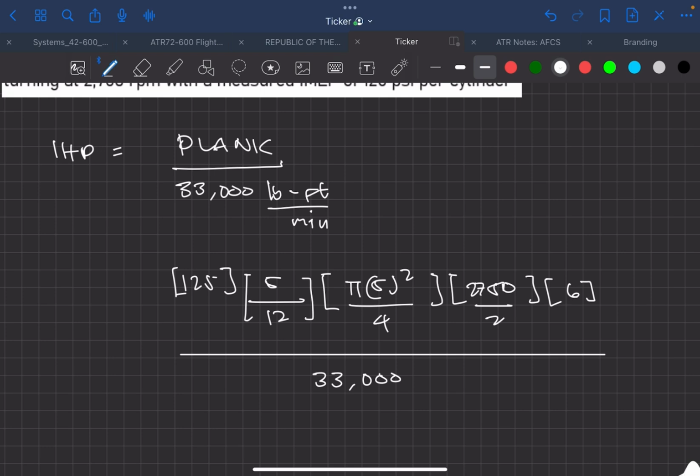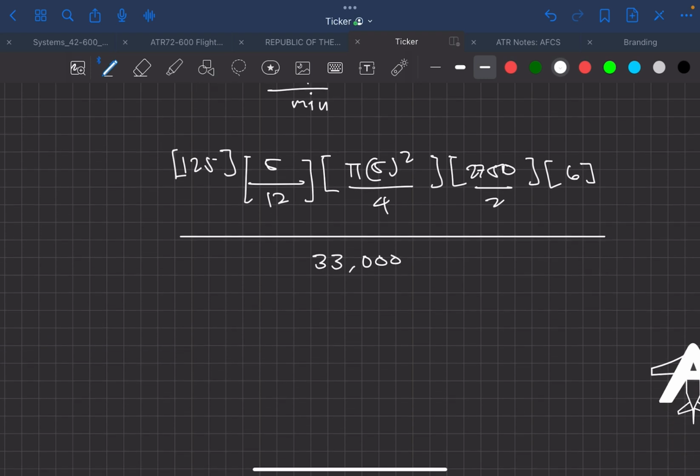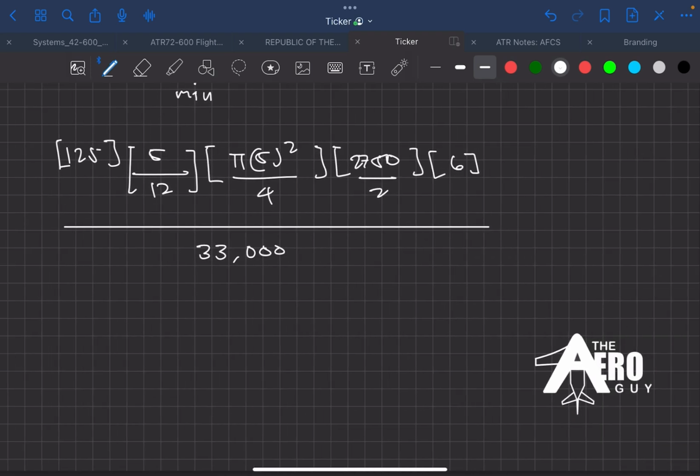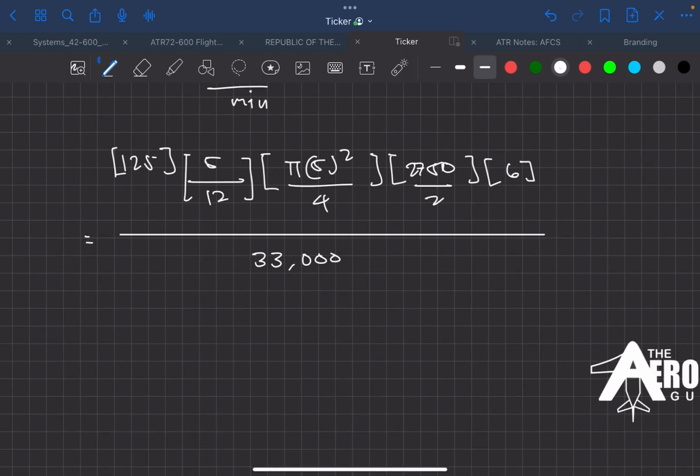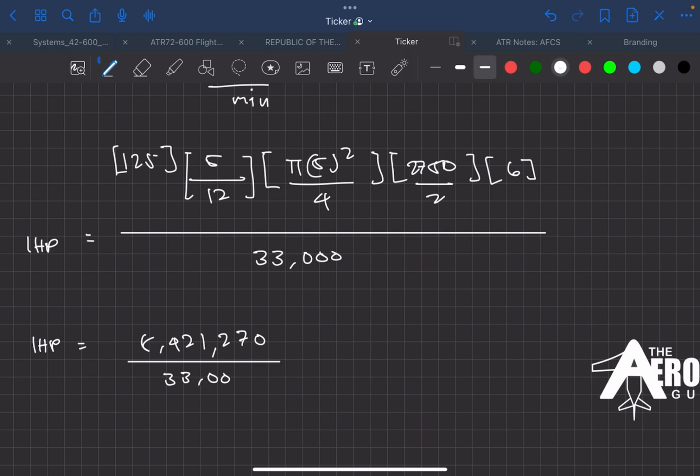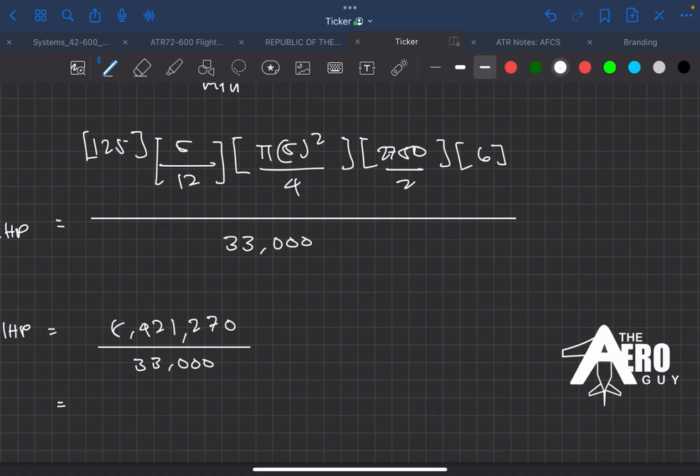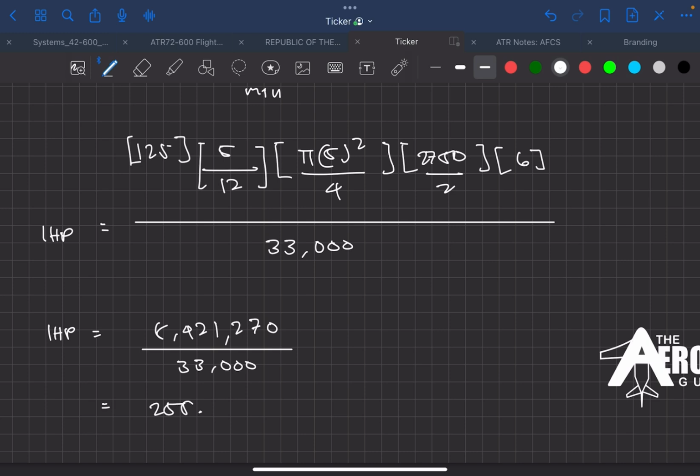This will give you a value of IHP. It is now at a value of 8,421,270 divided by 33,000, equal to 255.19.